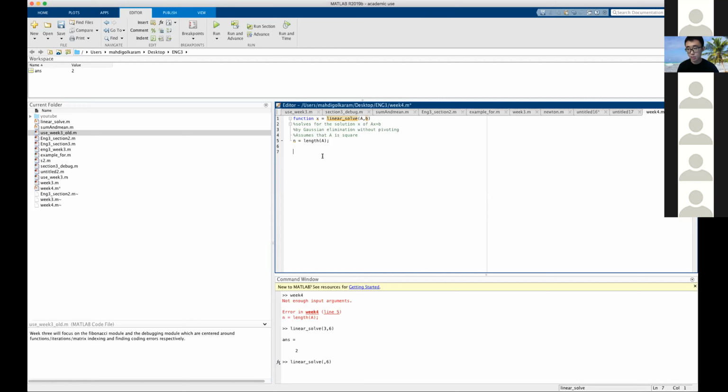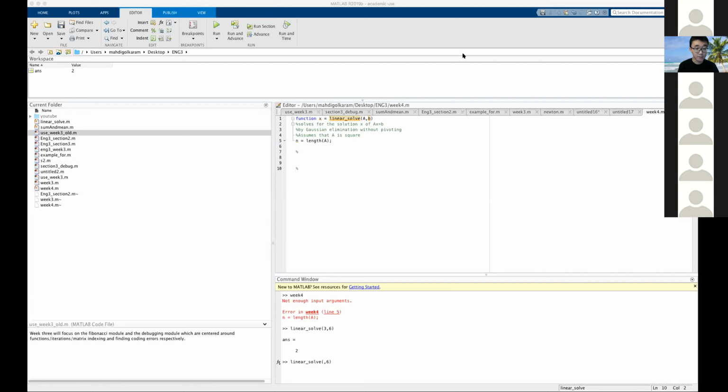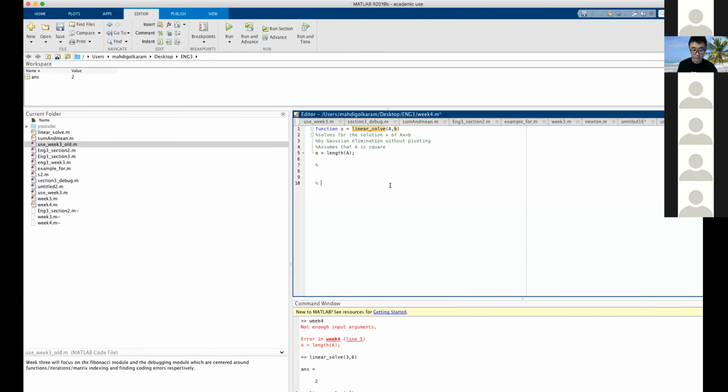The first step is to eliminate most of the coefficients to be 0, so let's say the first step is eliminate. The second step is back substitution.